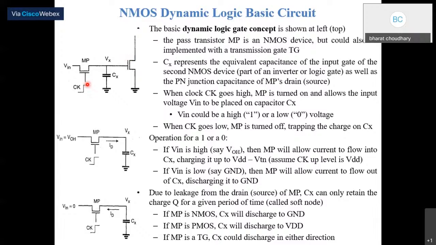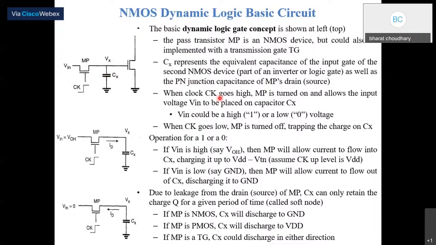This is the equivalent capacitance of this transistor, CG. Actually this can be implemented as CGS, part of an inverter, as well as the PN junction capacitance of MP's drain. This is the equivalent capacitance of both the transistors, and this is called CX.